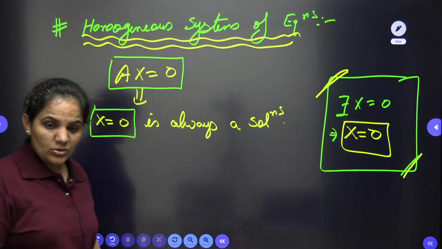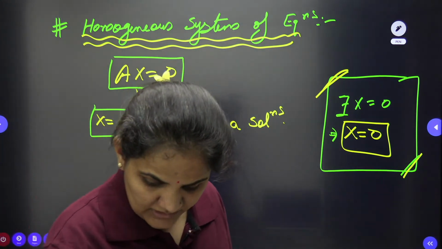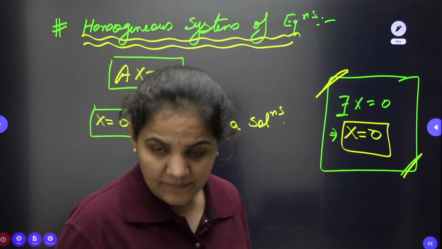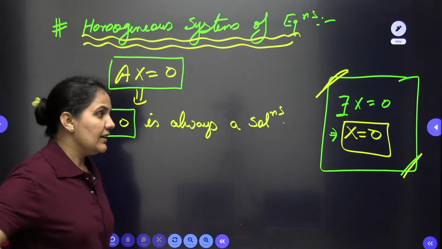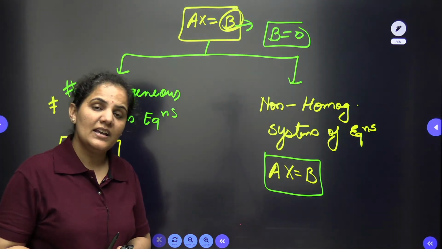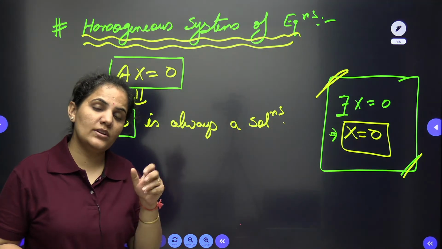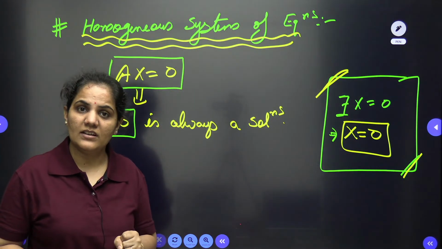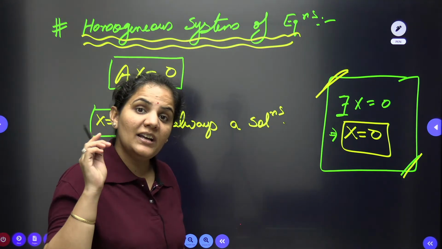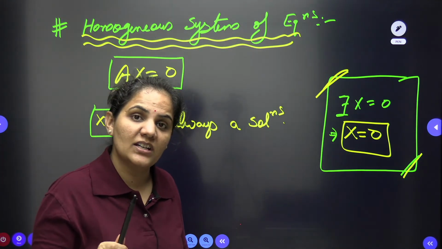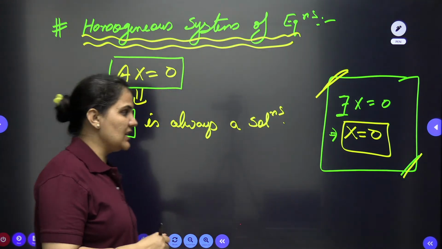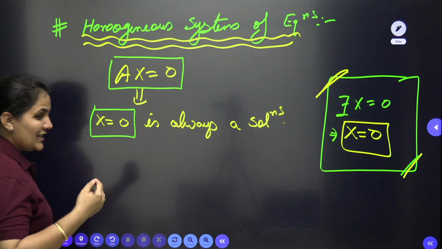If x is equals to 0 is always a solution for this equation, then can I say, with the definition of consistency and inconsistency, that my homogeneous system of equation will always be consistent? Yes, surely, 100% we can say, because what is my condition?